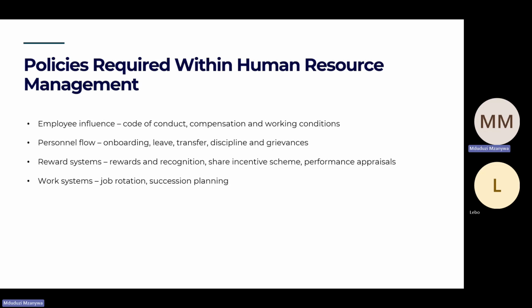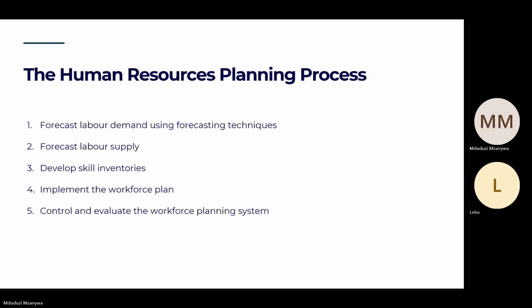And then you'd have policies on work systems. How often are you going to rotate? Who is going after who in terms of succession? If there's an elderly or senior employee who's going to retire, there should be succession planning saying who's going to fit and when they are going to fit.